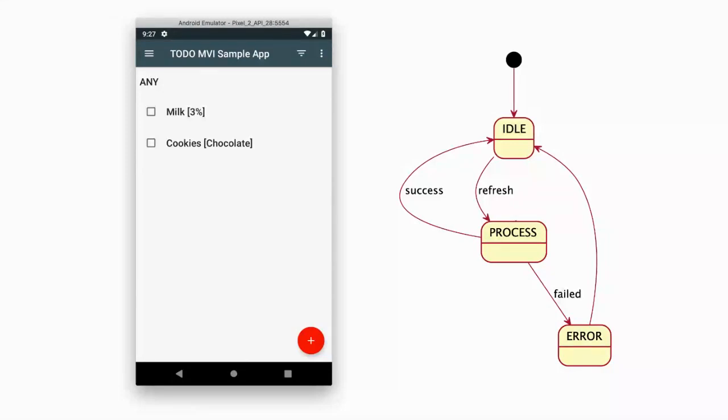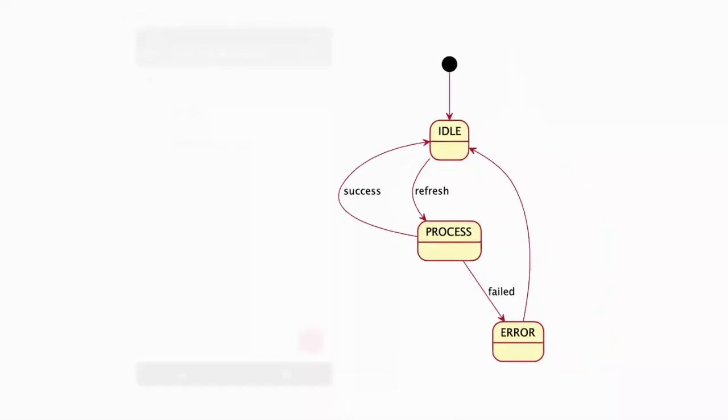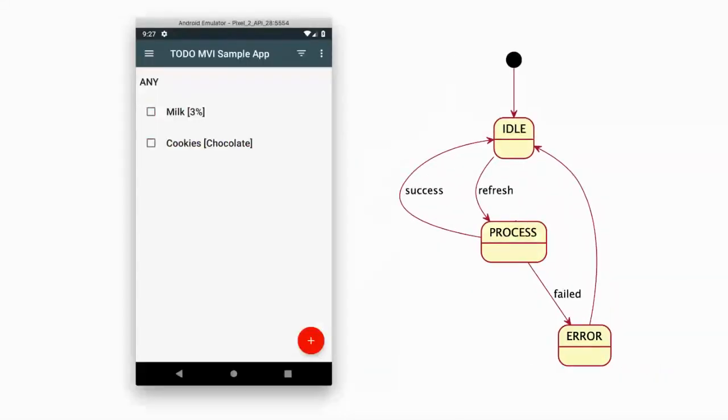What we're really trying to do here is just model a simple piece of asynchronous work. Typically we're going to be in idle mode, nothing's happening much. Somebody actually pulls on the screen, and then we start a refresh process.